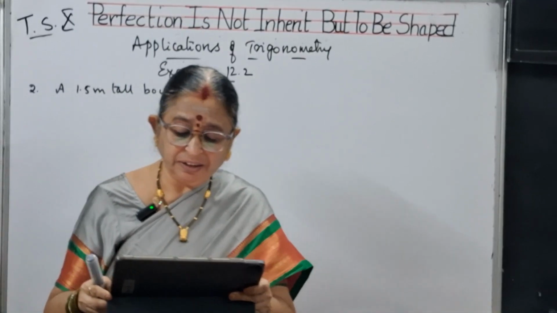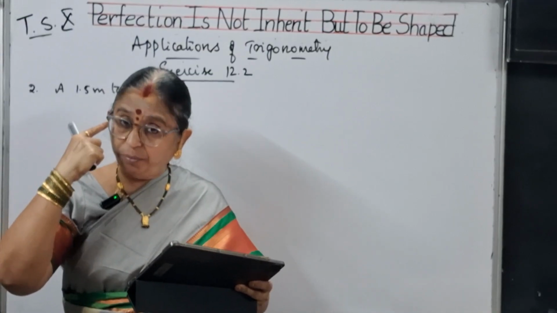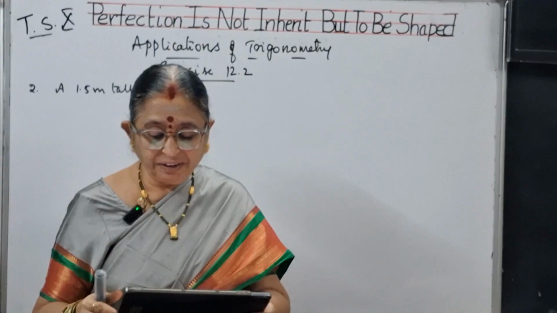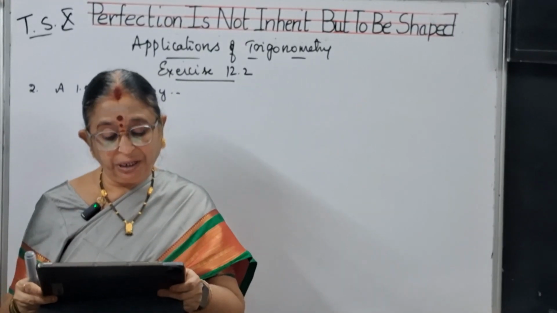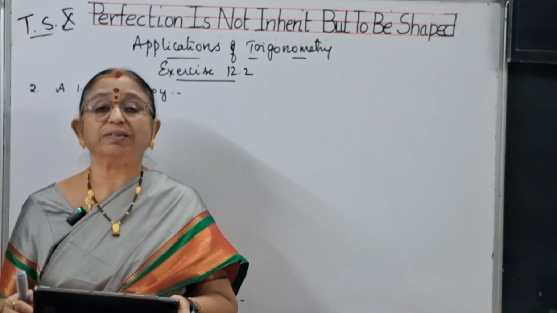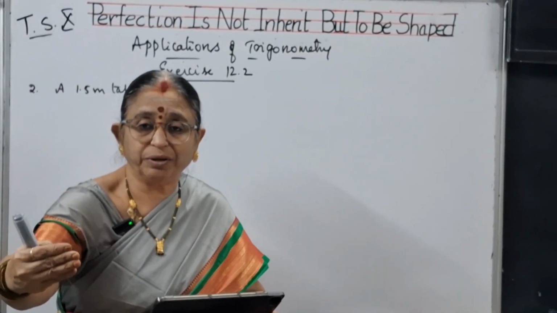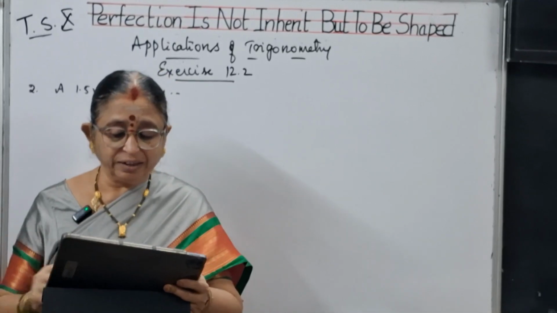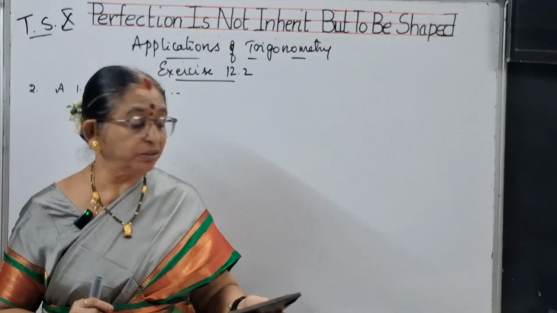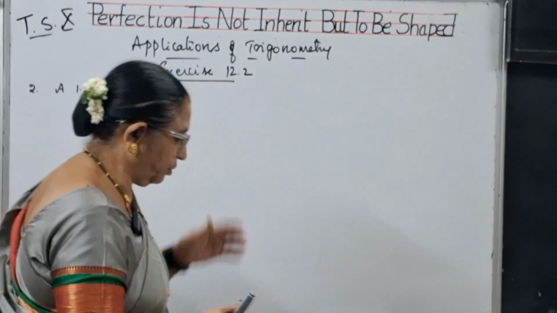The angle of elevation from his eye. Remember, children, angle of elevation from his eye. That means his height should be taken into consideration. From his eye to the top of the crown of the temple increases from 30 degrees to 60 degrees as he walks towards the temple. When he is walking from his place towards the temple, the angle of elevation naturally increases. It has increased to 60 degrees. Find the distance he walked towards the temple. How much distance he has walked, that you need to say.